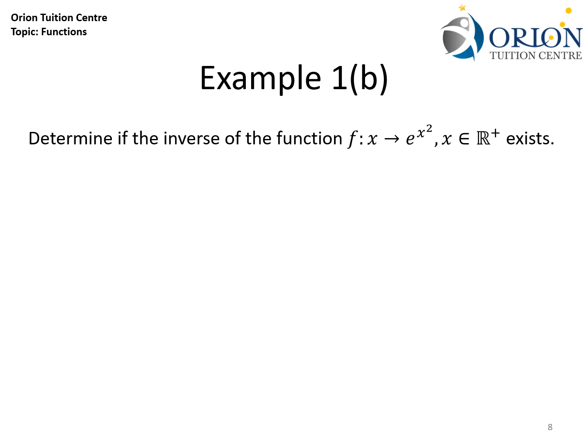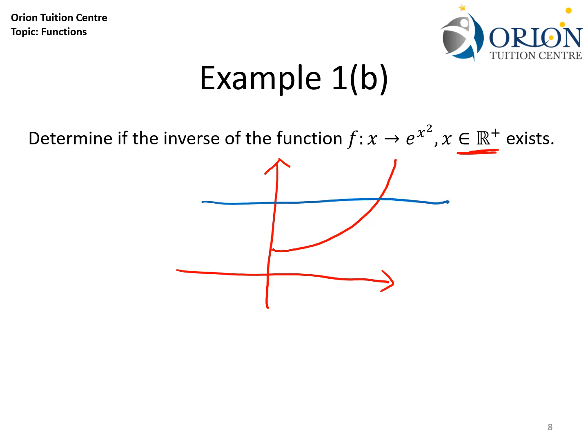In example 1b, we have the same definition but a different domain, now restricted to positive real values of x. And thus the graph looks like this now. If we draw a horizontal line across, we can see that this horizontal line cuts the graph at most 1 point for all the values of k that we draw.